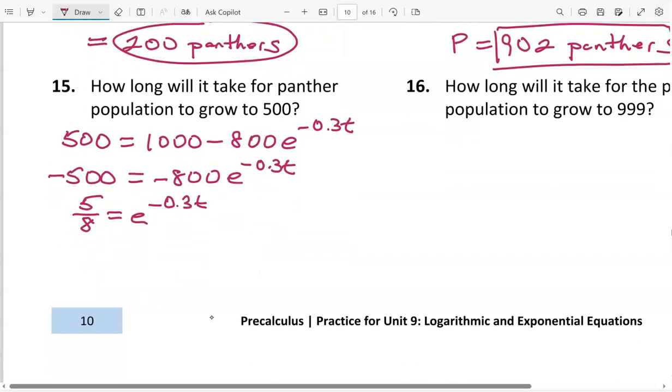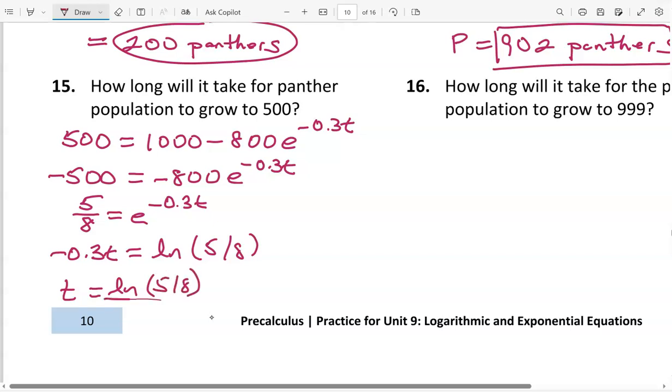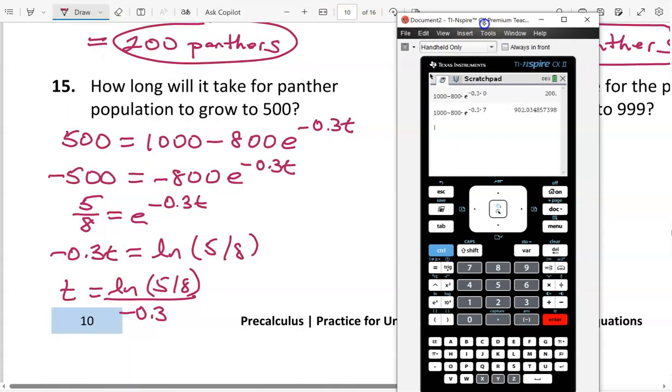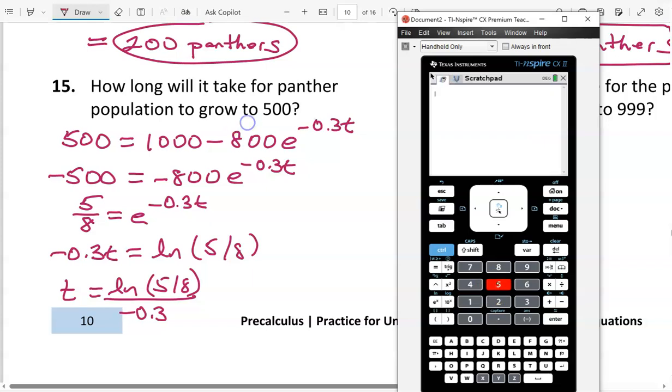And if we want to solve for the exponent, we need a logarithm to do that. Negative 0.3 t is equal to the natural log of 5/8. So t is the natural log of 5/8 divided by negative 0.3. That's our calculator ready form answer. So control divide for a fraction.